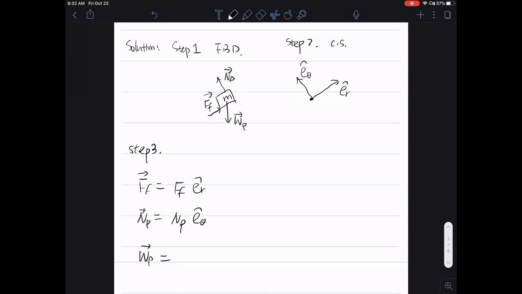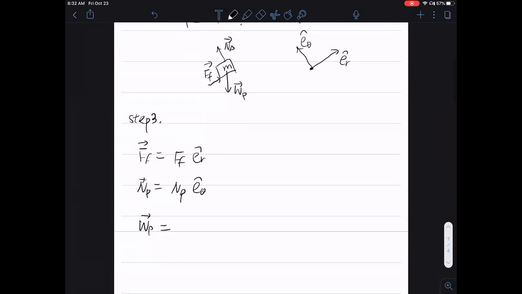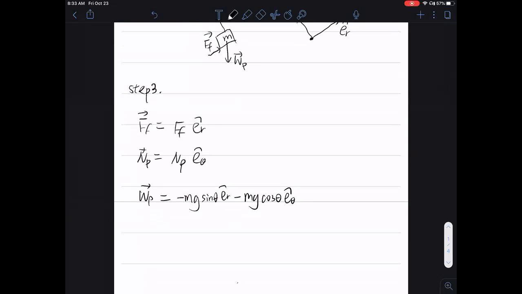You have to use that angle theta to project your weight force into the e_r and e_theta directions. You will need to use trigonometry, right? If you are not sure how to do that, make sure you do more practice off class. So here it should be mg sine theta on e_r minus mg cosine theta on e_theta. So that's all the forces.